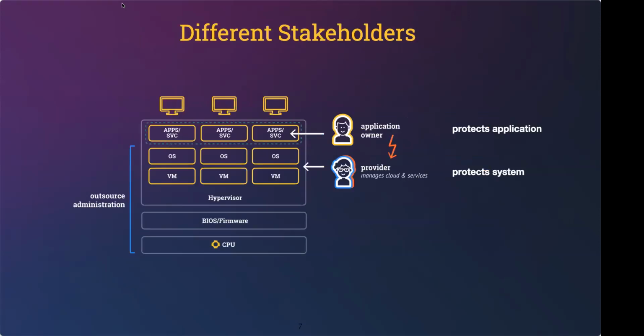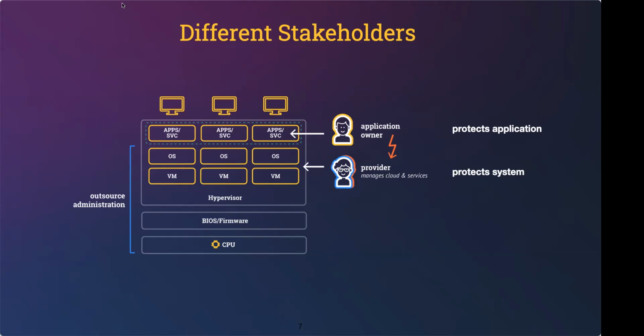And so what we want is that as an application owner, and I always take the view of the application owner, I want to protect my application, and I want to outsource the management of all that infrastructure. So I want to use the infrastructure of some provider, typically a cloud provider.